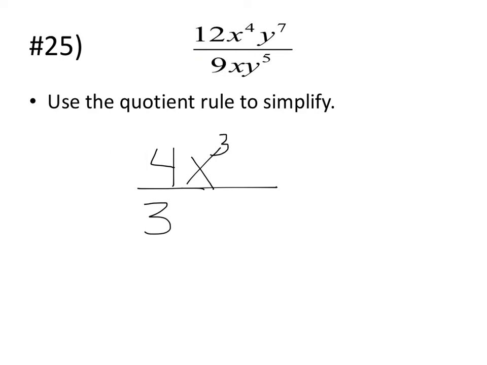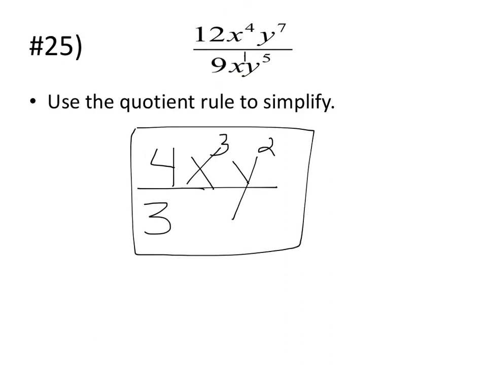So you actually just did the quotient rule, because you subtracted 4 minus 1, because you should put a 1 right there. Now we also need to deal with our y's. So we know that there's going to be y's in the numerator, because there's more y's in the numerator than the denominator, and you do 7 minus 5 to figure out how many, and you get 2. So your answer is 4x cubed y squared over 3.